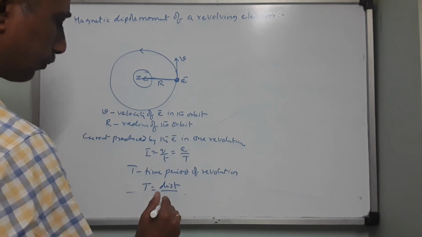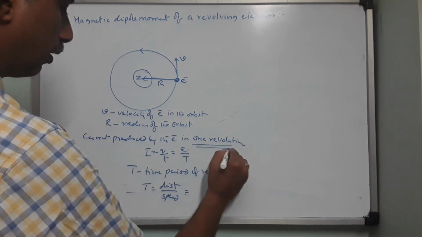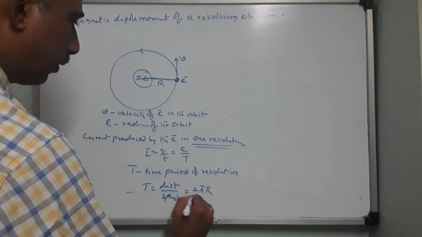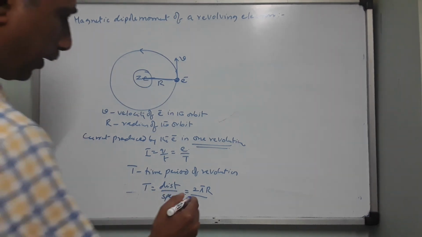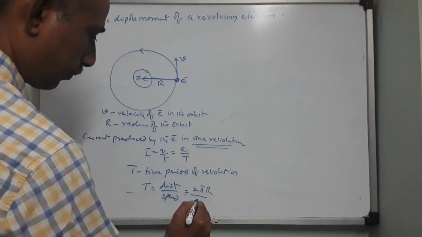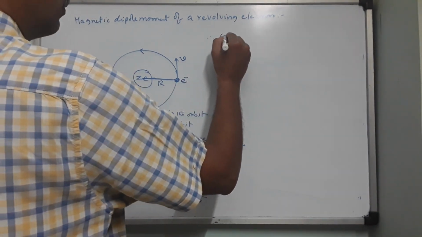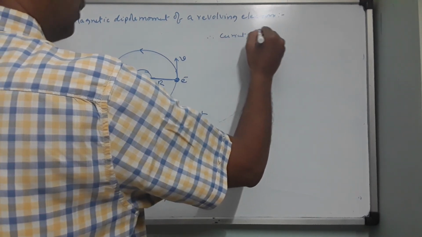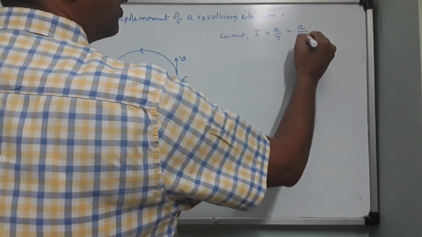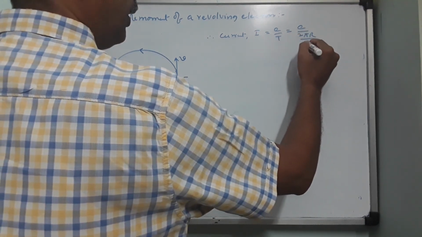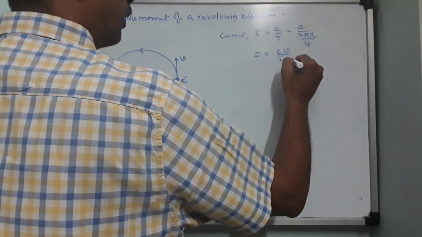For one revolution, the distance is 2 pi r, and speed is v. Therefore, current I equals e by T, that is e divided by 2 pi r by v. So v goes to the numerator: I equals e v by 2 pi r.